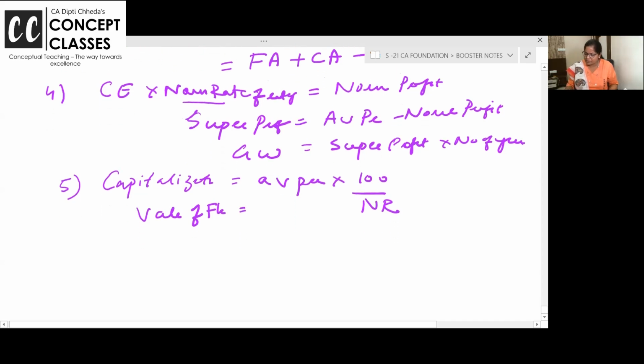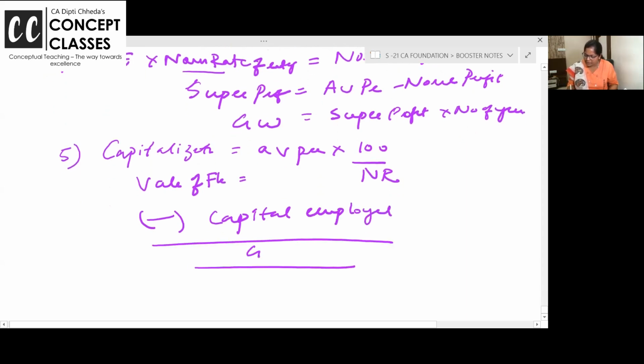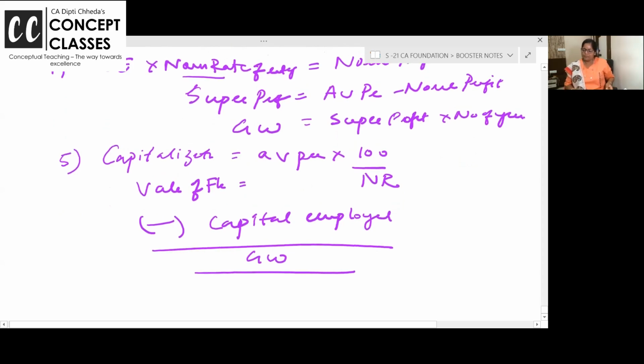Average profit into 100 by normal rate of return minus capital employed will give you goodwill. If you earn average profit at the normal rate, the firm should be valued at this much, but your capital employed is less, so you are earning more on less capital. That is goodwill.